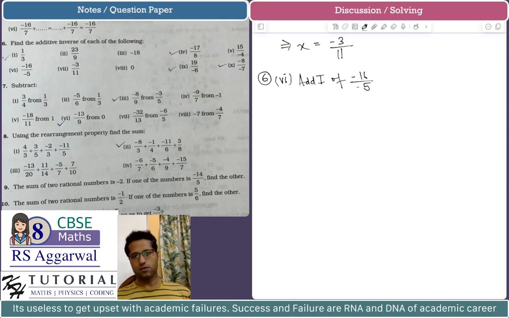You can do that first, or you can find the additive inverse first, and then whatever the result is you convert that result to standard form, or at least make the denominator positive.